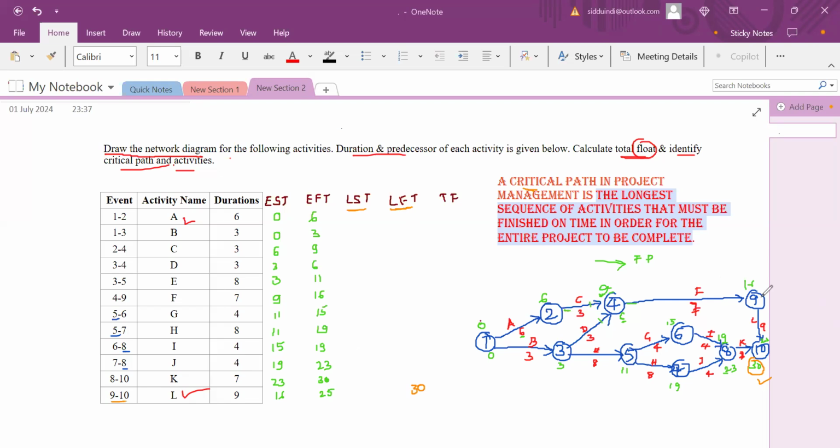And consider this 9 to 10: 30 minus 9 is how much? 30 minus 9 is 21, which means the latest start is 21, completed by 30. And here 8 to 10, the maximum is 30. 30 minus 7 is 23. Yeah, 23.